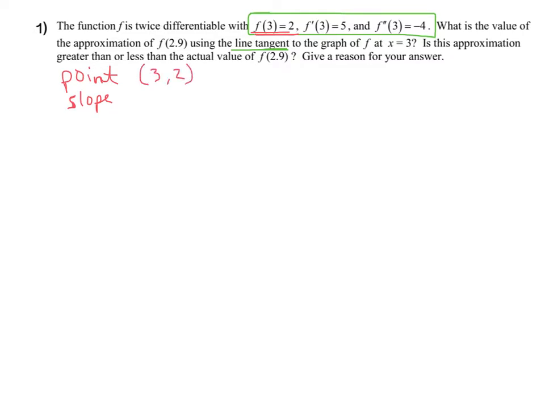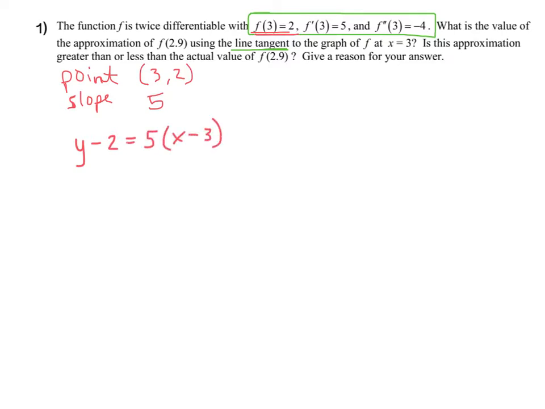My slope comes, of course, from the first derivative, and so my slope here at 3 is 5. Now that I have those two things, I can write the equation of my tangent line at (3, 2). So I would say y minus 2 equals 5 times (x minus 3).